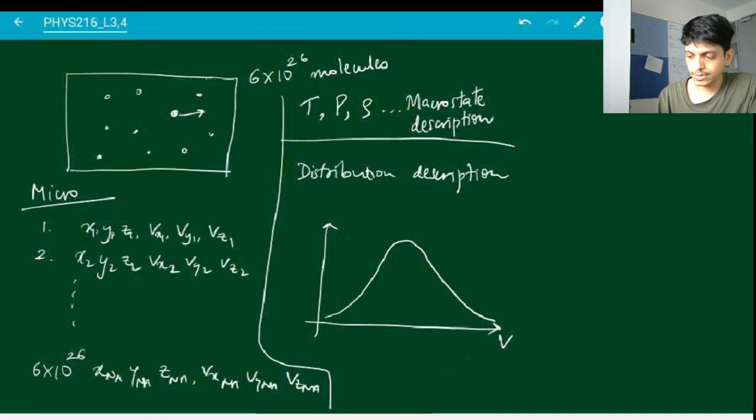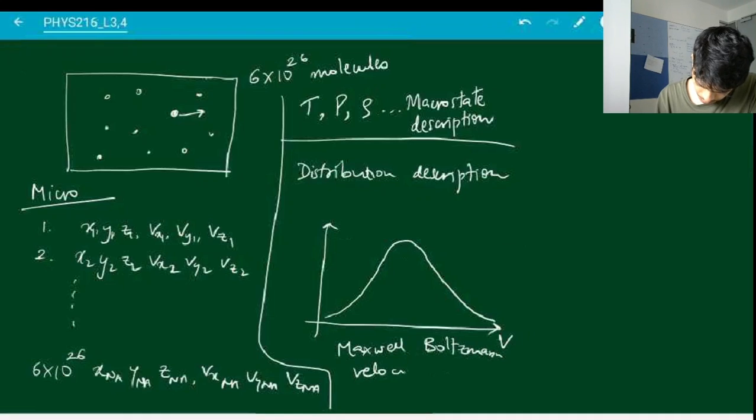It looks something like this. And there's a formula for this. So this is called the Maxwell-Boltzmann velocity distribution.